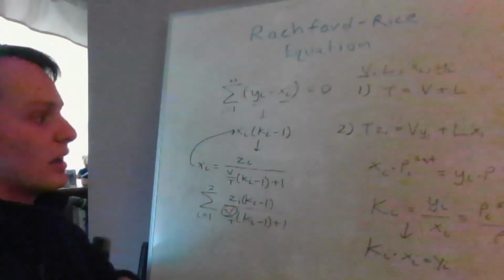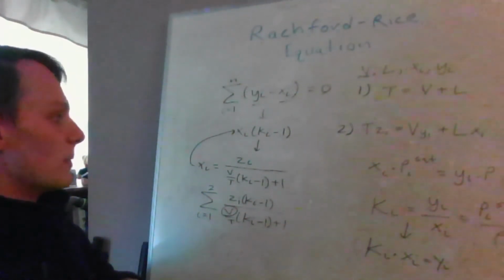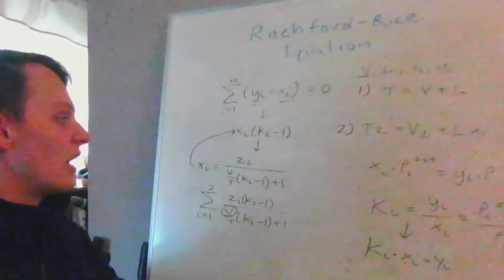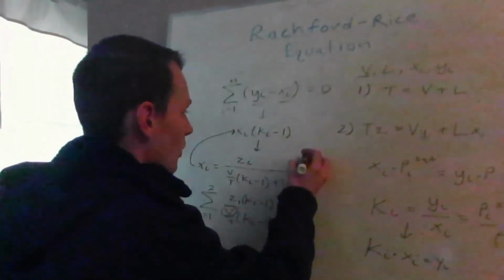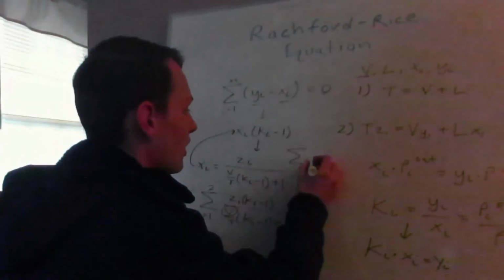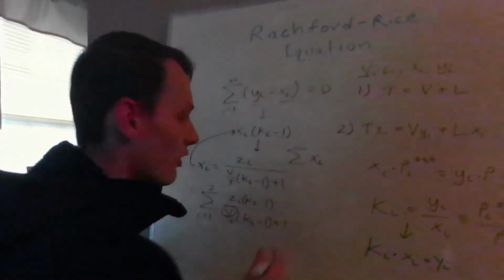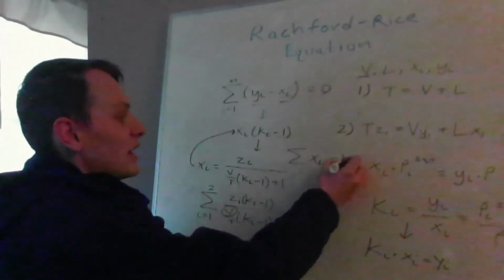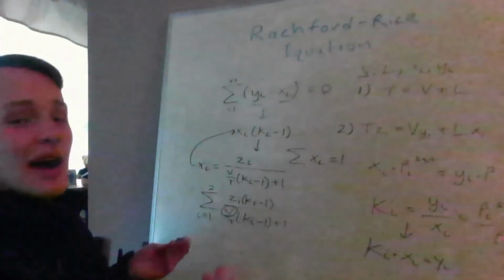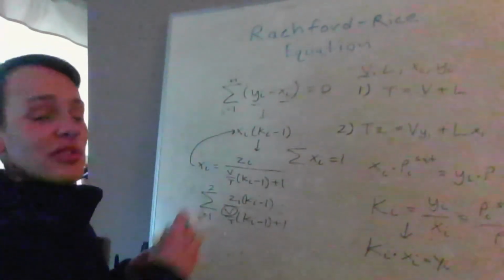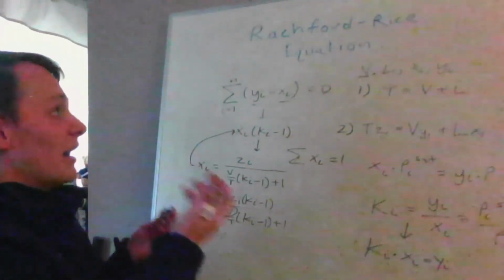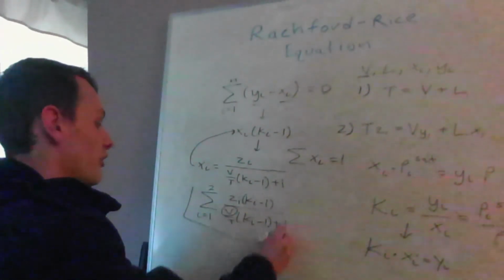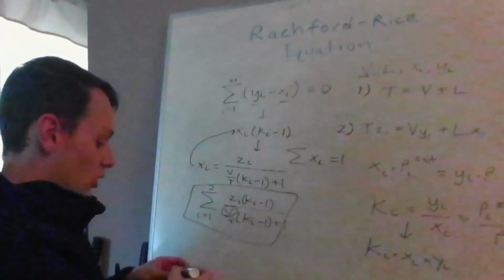But if you remember what we did for the dew pressure equation, we basically said that when the first drop of liquid is formed when we're trying to find the dew pressure, the sum of the mole fractions of each component in the liquid phase has to equal 1, which is so obvious, similar to how obvious this expression is that we ended up using to derive the Rachford-Rice equation.